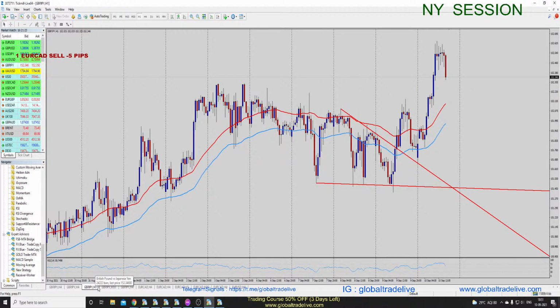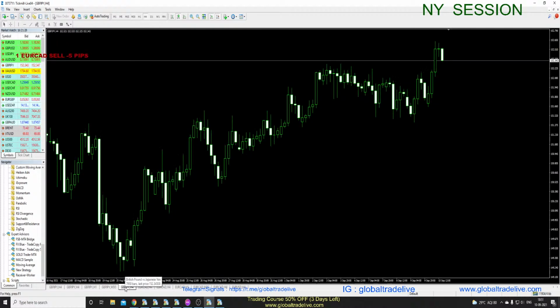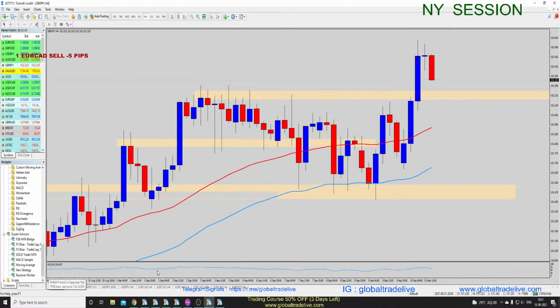One hour looks good, 30 minutes looks good, 4-hour also looks good. I'm going to close everything once the market taps this area.